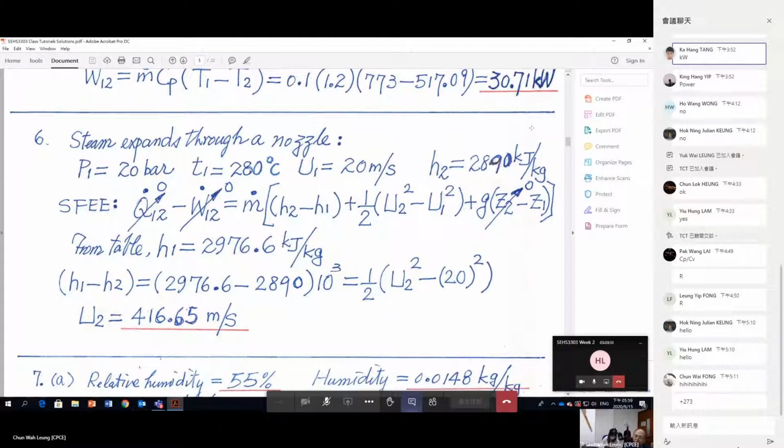T1, it is good to remain as degree centigrade, 280 degrees centigrade. U1, velocity at the entrance is 20 meters per second, and the enthalpy at the exit is 2890 kilojoule per kilogram. So these are the given data.